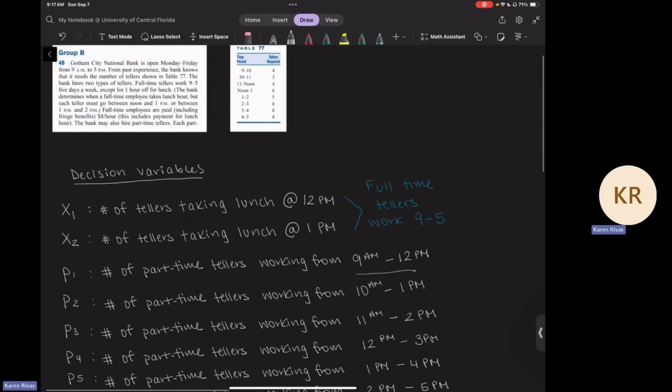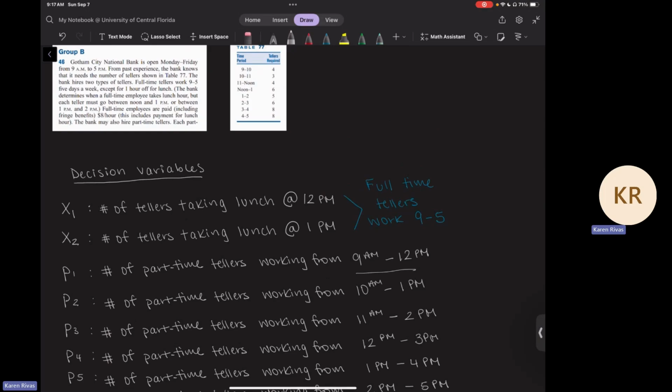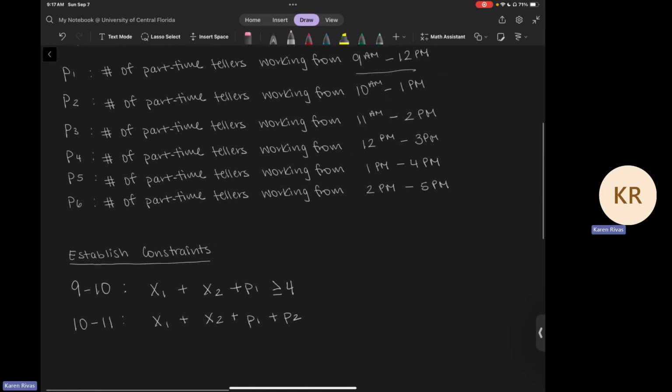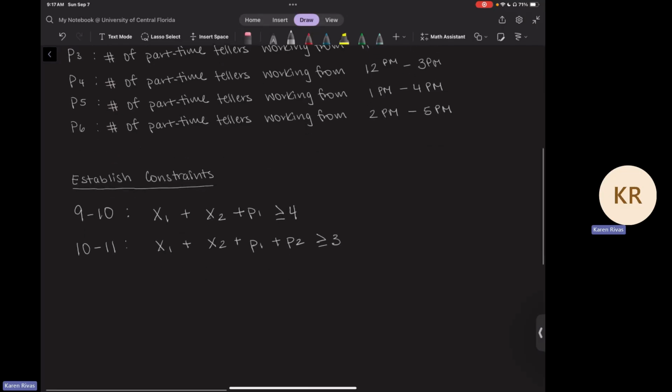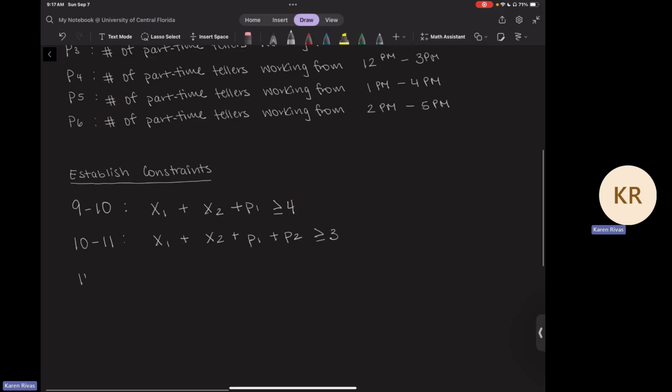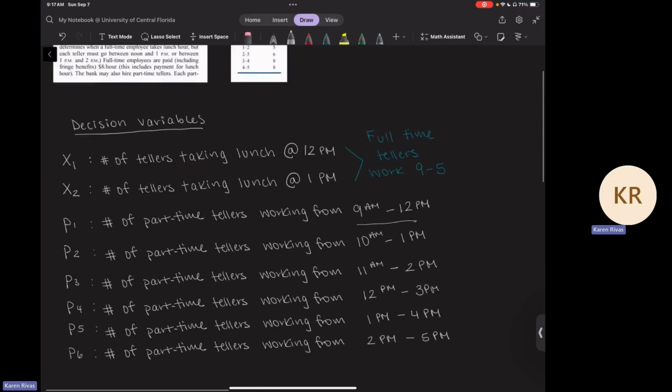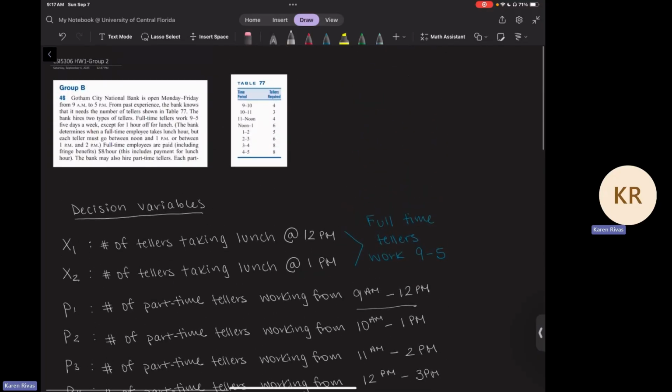And for this one, it requires at least 3. For 11 to 12, we still have X1, X2, P1, P2, P3. And we are going to need 4.